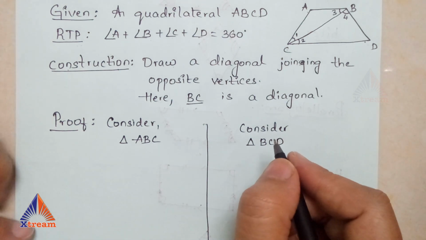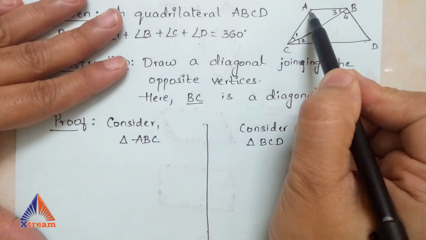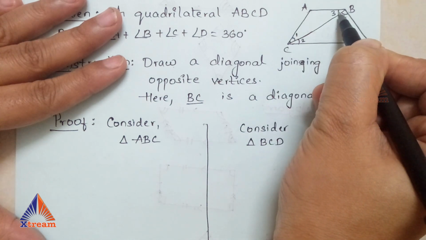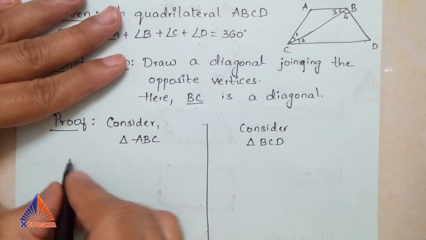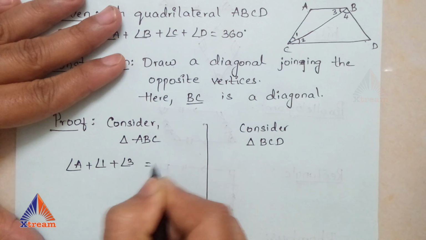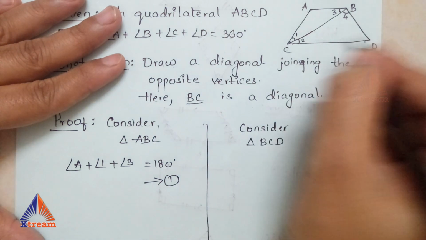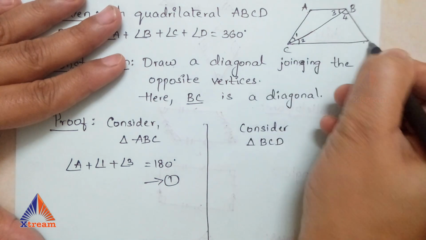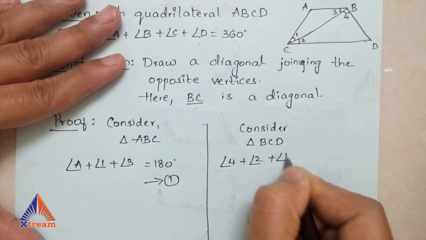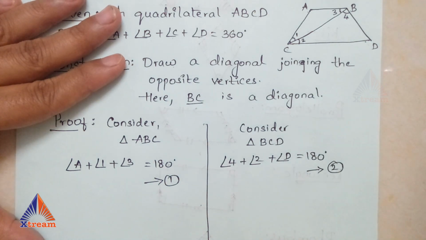So as we know, here we follow the angle sum property of triangle and I write here angle A plus angle 1 plus angle 3 gives us 180 degrees. Angle A plus angle 1 plus angle 3 gives us 180 degrees. This is our equation 1. And from BCD I'll write angle 4 plus angle 2 plus angle D. Angle 4 plus angle 2 plus angle D is equals to 180 degrees. This is what I'm taking as equation 2.